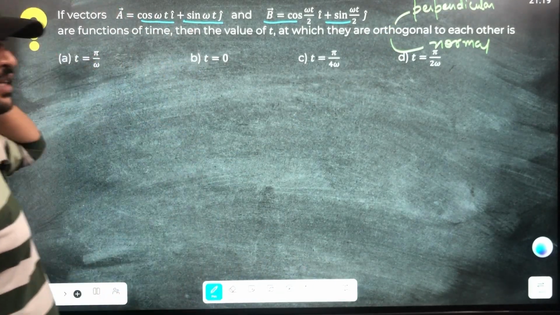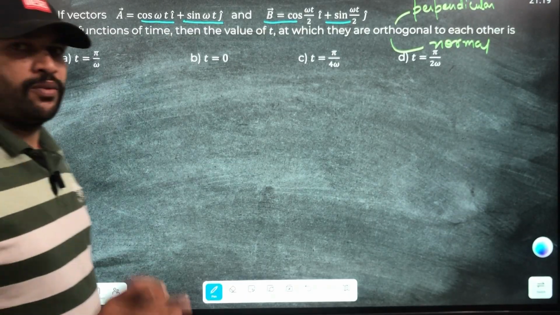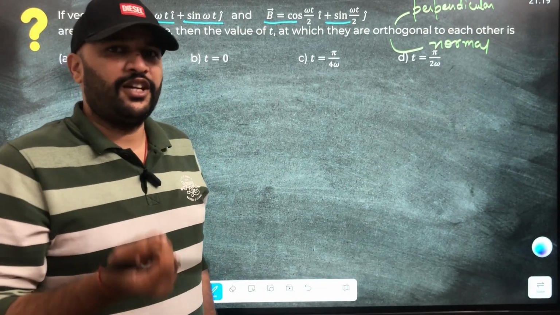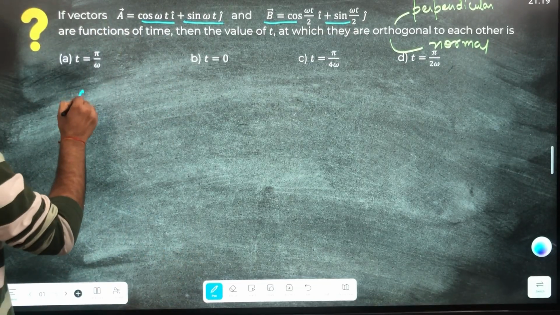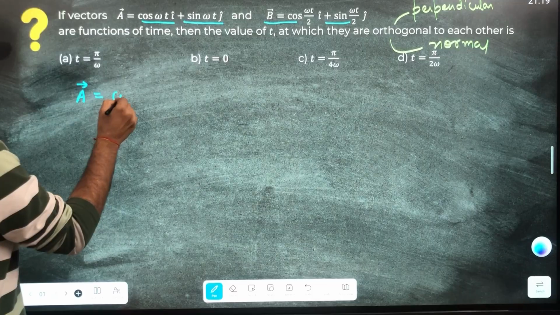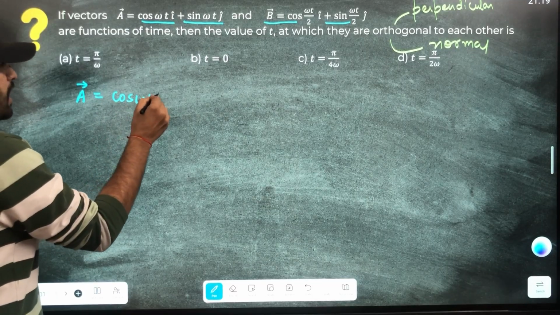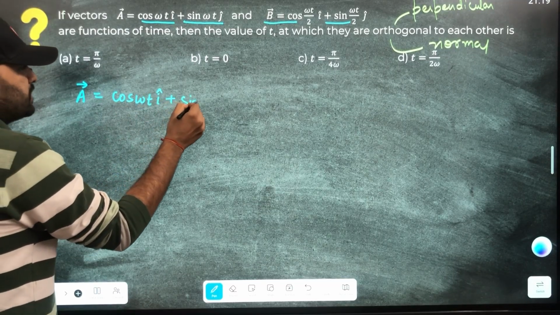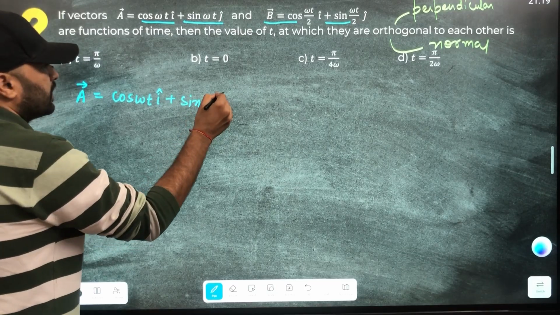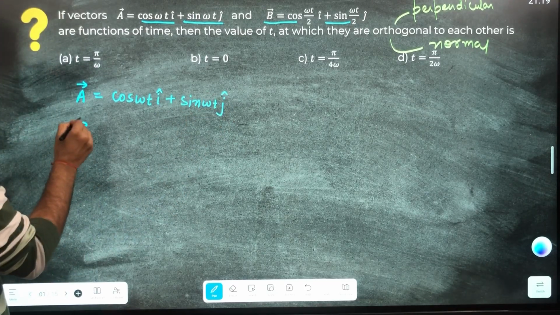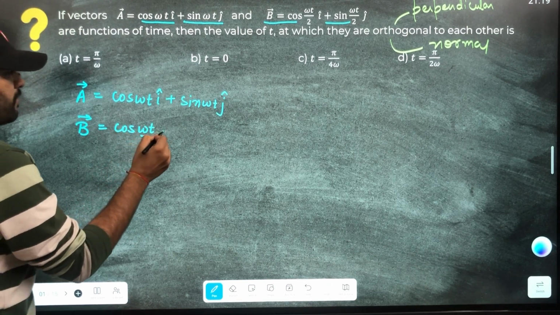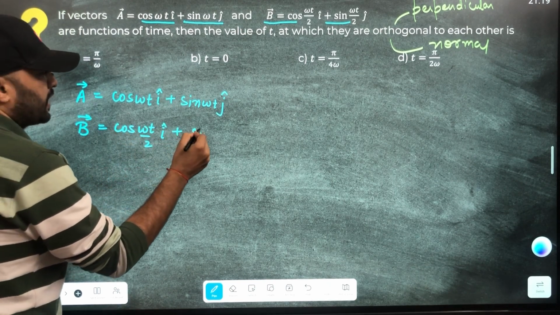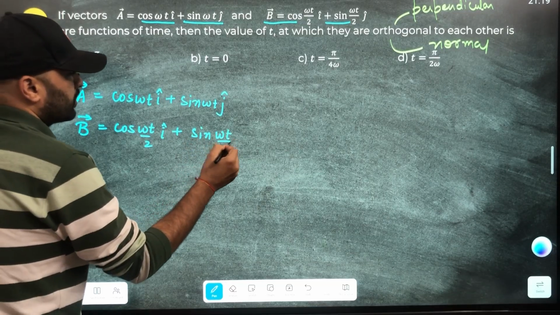And if two vectors are perpendicular or normal to each other, what do we do? We find the dot product. The dot product must be 0, right? So for this first one, A vector is cos ωt i cap plus sin ωt j cap, and our B vector is cos ωt/2 i cap plus sin ωt/2 j cap.